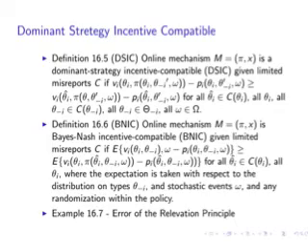This policy cannot be implemented as a DSIC direct revelation mechanism, because type (1, 2, 1) is allocated in period 1 for payment 0.99, and so type (1, 1, 1), which is unallocated if truthful, will want to report type (1, 2, 1).